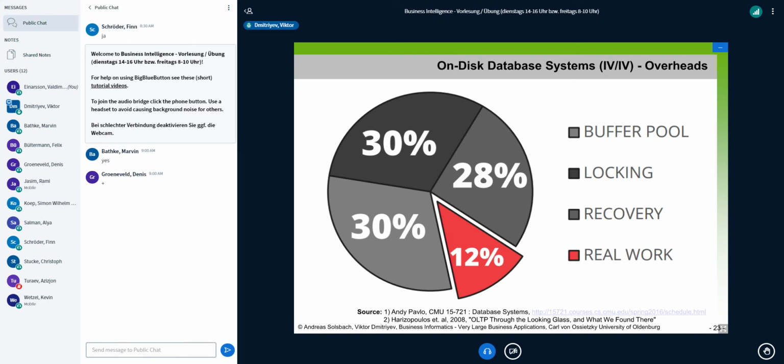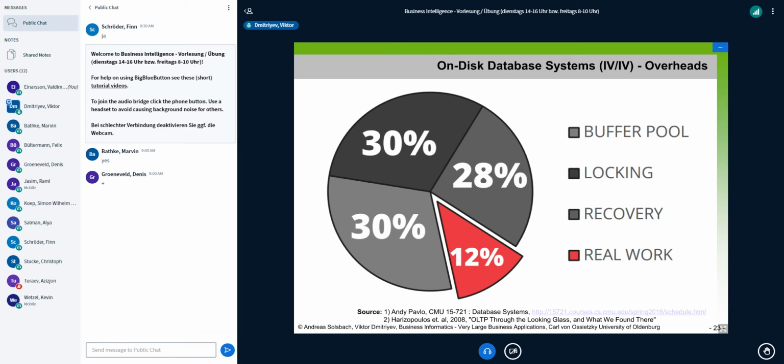It's simply 12% of the time on real work. The rest is managing the database. So almost 90% of the time, the database works to guarantee the ACID principles. For sure, if you know this, the first idea is: let's get rid of all those things that we don't need. But the question you have is, how?